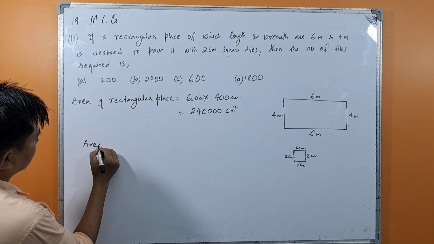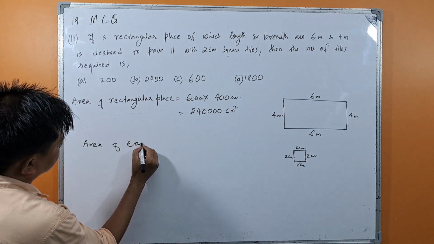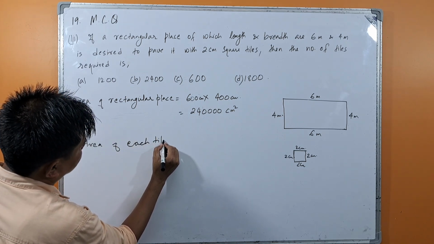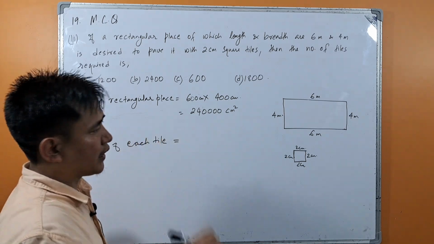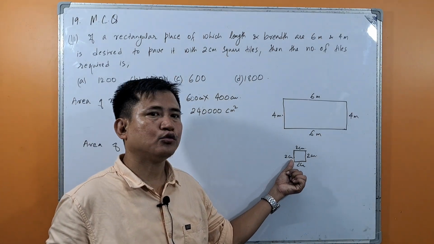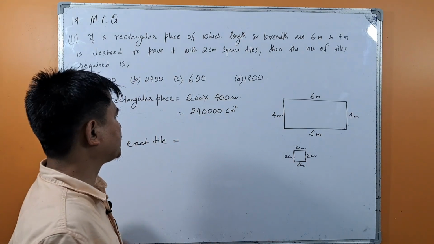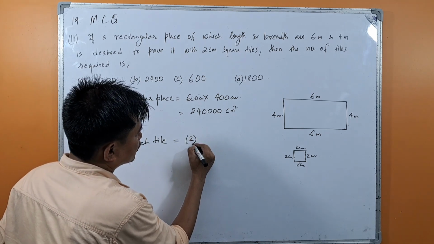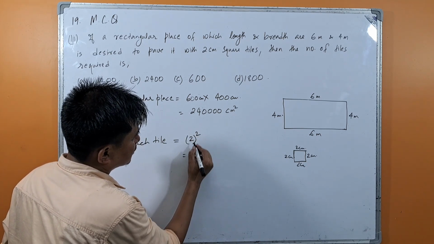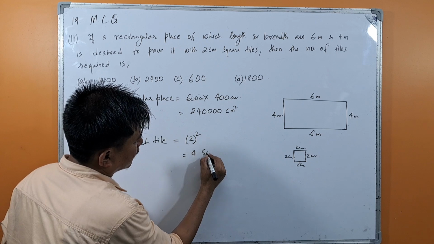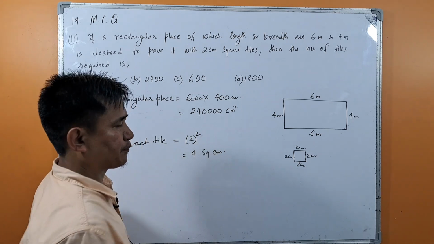Area of each tile, or the area of one tile, is, each side is 2 centimeter, isn't it? So area of each tile is side square, that is 2 square, that will give us 4 square centimeter.